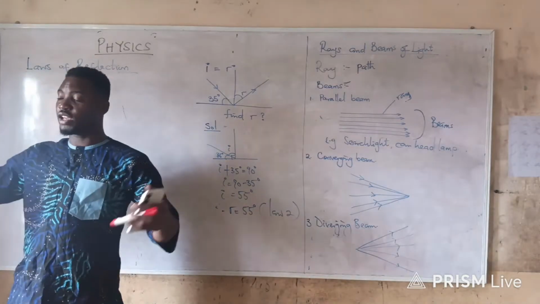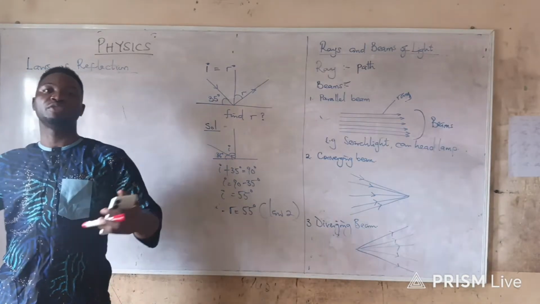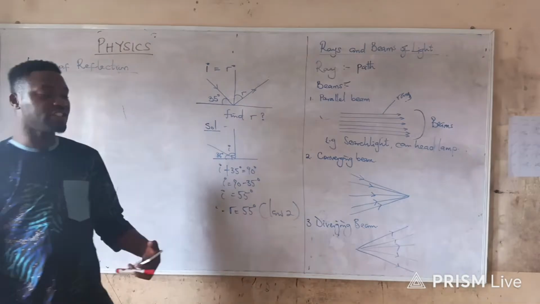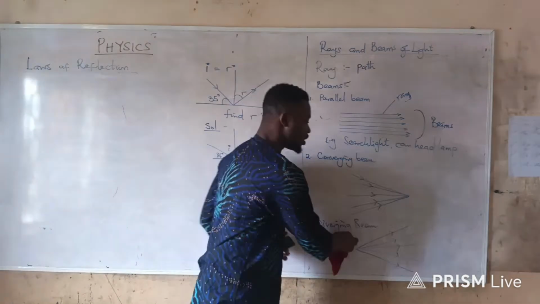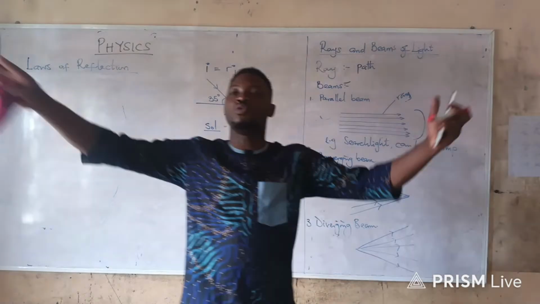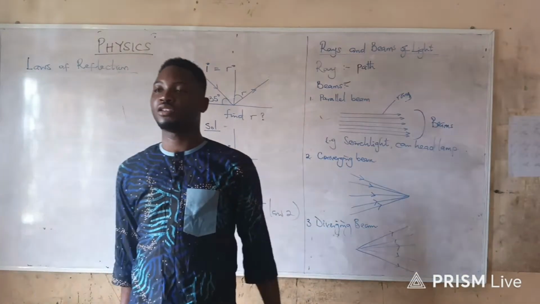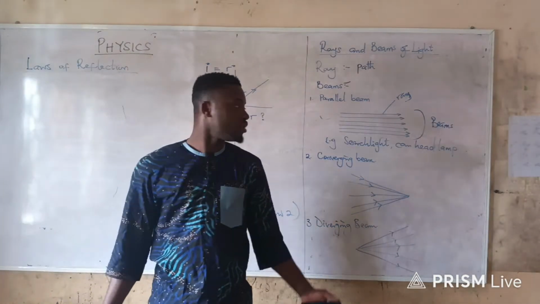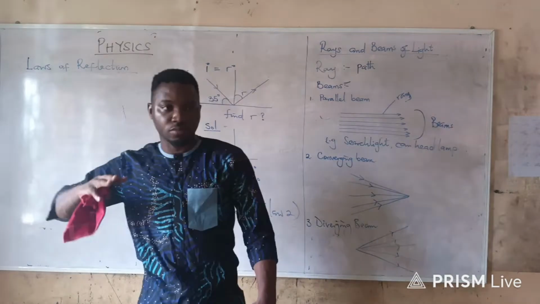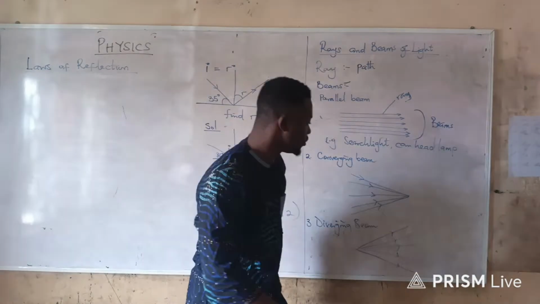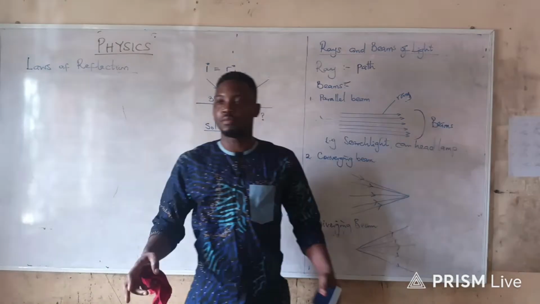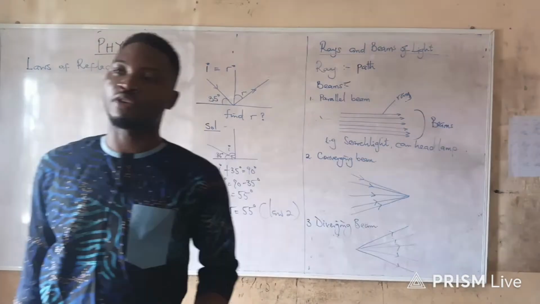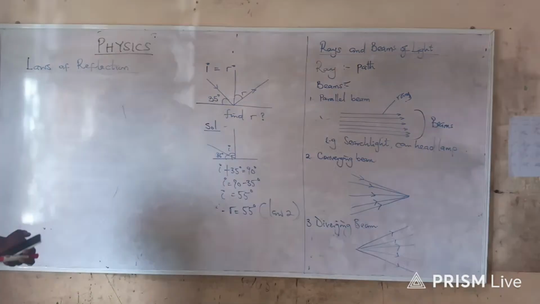As the light travels, they move away from each other. But converging, as the light travels, they meet at a point. But this one, as they travel, they move away from each other. But parallel, they travel side by side.